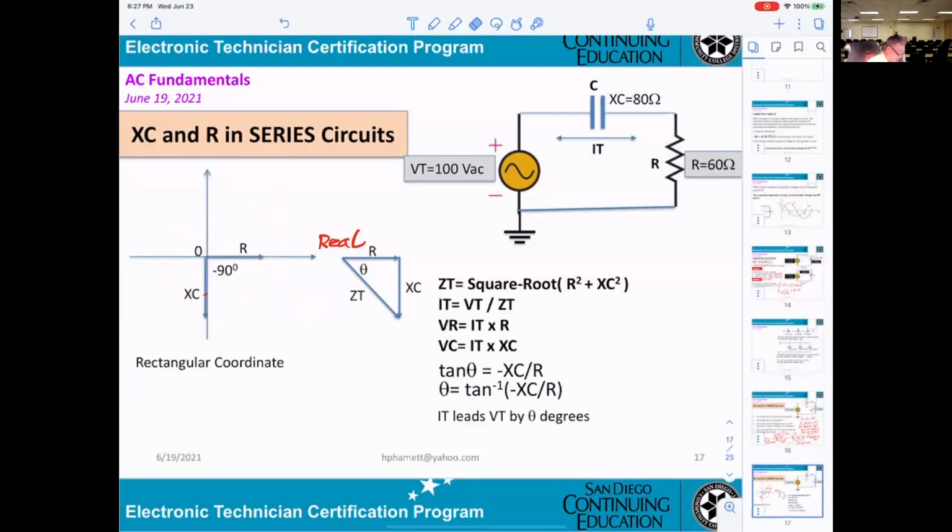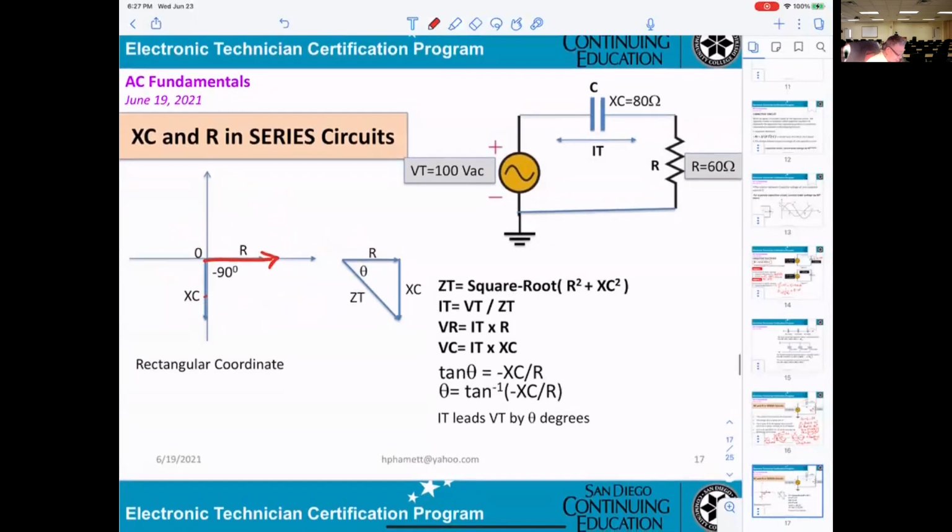And now, if I draw R here, that's for R. Then how do I draw XC? If they go up here, that means they are leading 90 degrees. However, we already said R will lead XC by 90, so XC must be going down, with the angle here being minus 90 degrees.